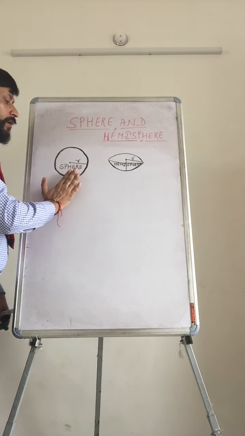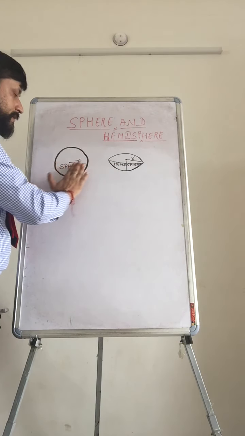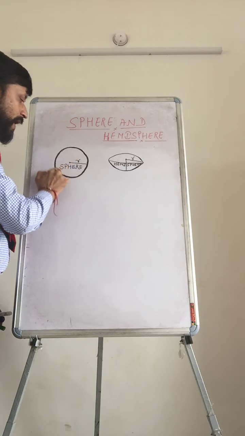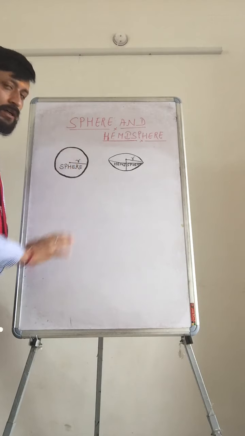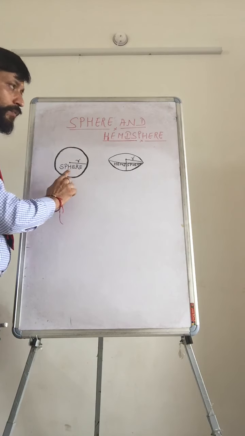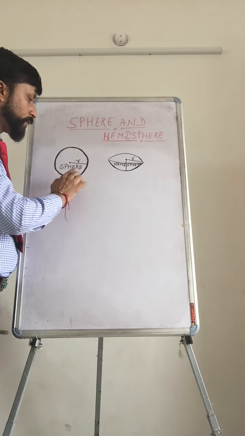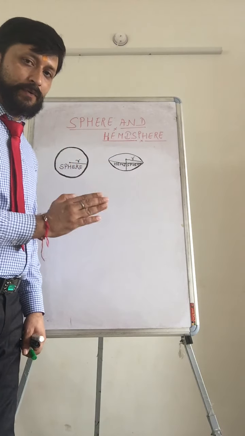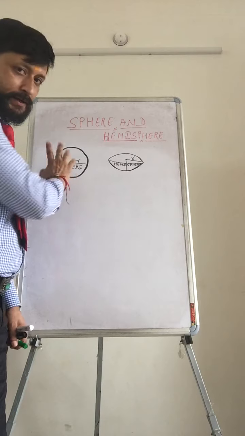Now, how to find its surface area? Since it has no end point and no initial point, in a sphere we will only calculate curved surface area. No total surface area will be there for a sphere.